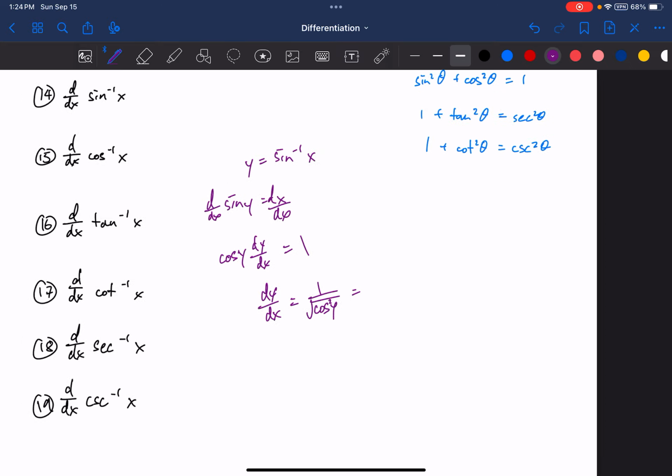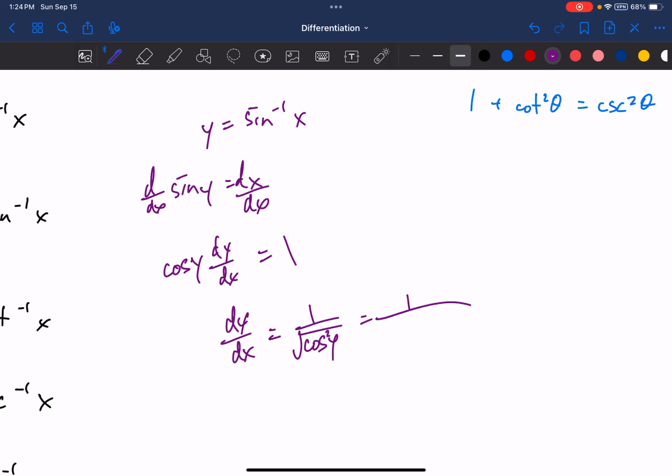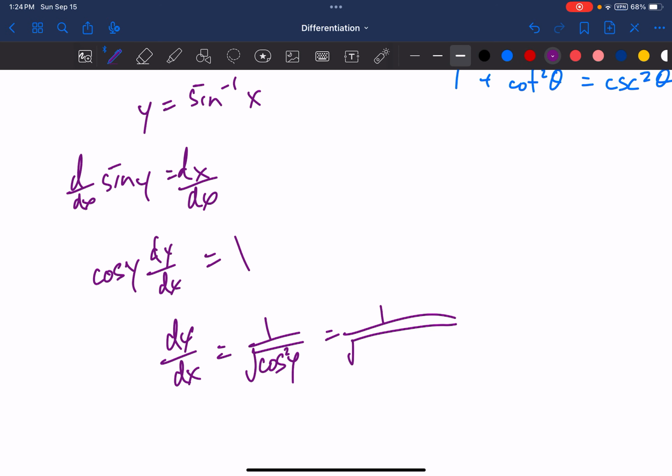But what you can see here is that if I use the equation now, I take sine and I put it back, and something very magical will happen. What is this? 1 minus sine square y.